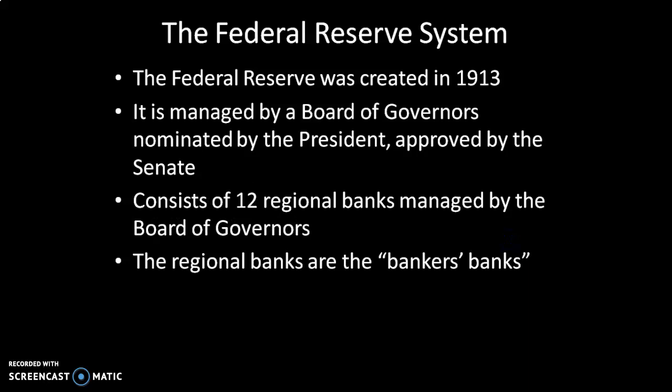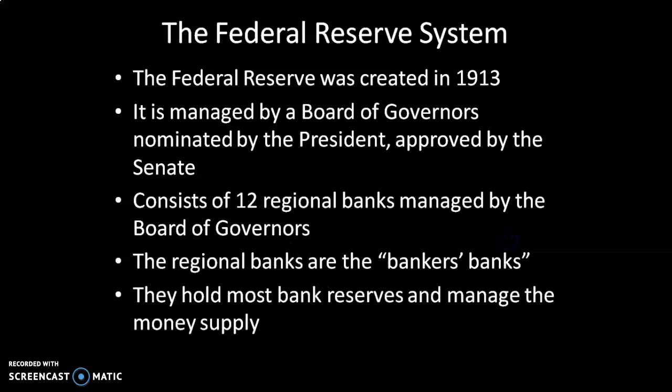And the regional banks are basically the bankers' banks. So for example, if a local bank needs to borrow money, they'll go to the Federal Reserve Bank to do that. If a local bank wants to reduce the amount of cash being held in its reserves, they can go and deposit their cash at the Federal Reserve Bank.